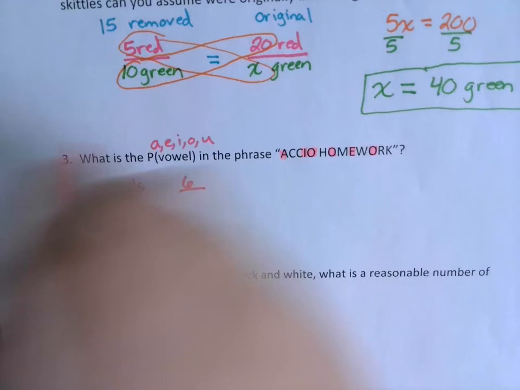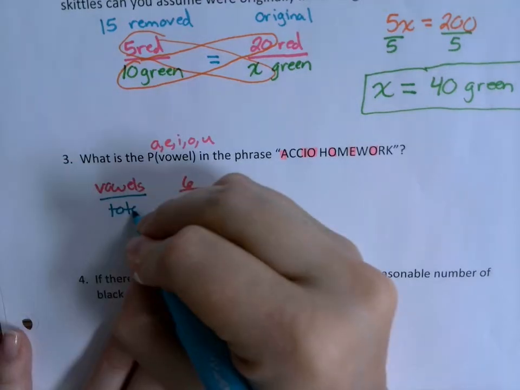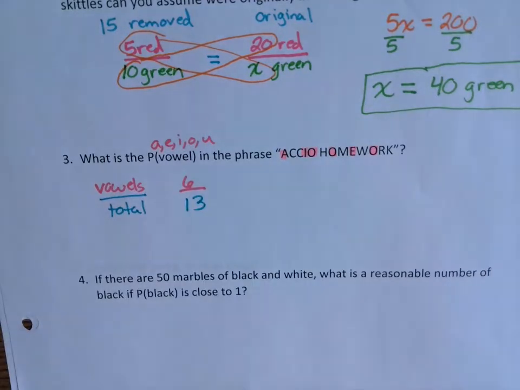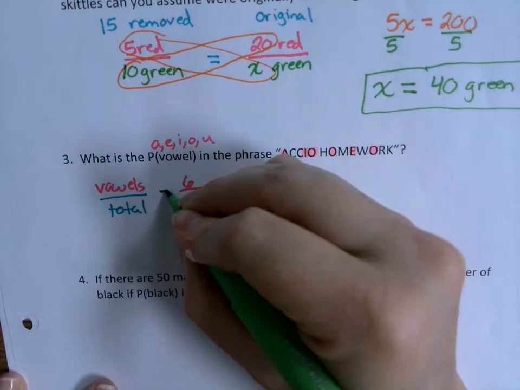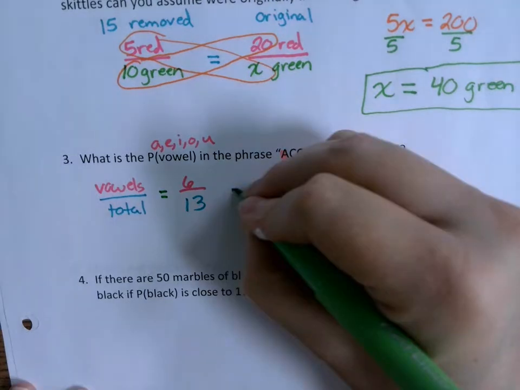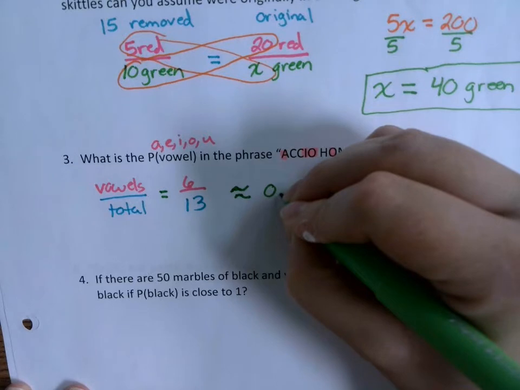So 6 over 13. Now, that cannot be simplified, but you can go ahead and convert that into a decimal, which is approximately 0.46, which is approximately 46%.